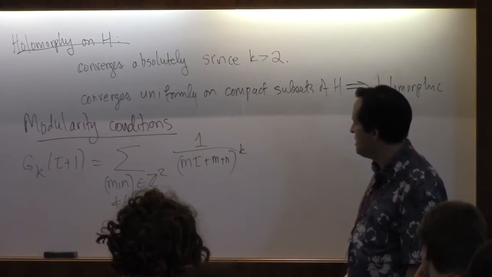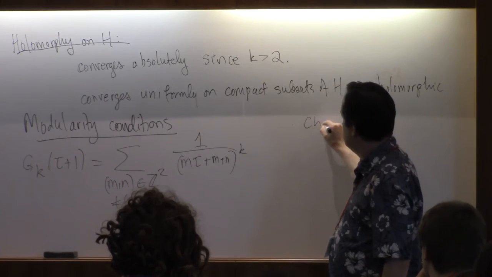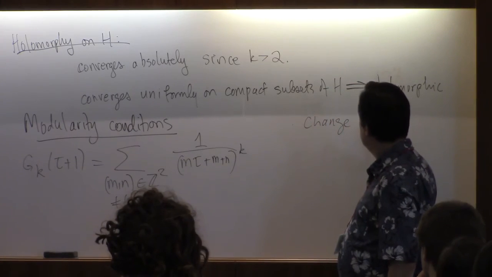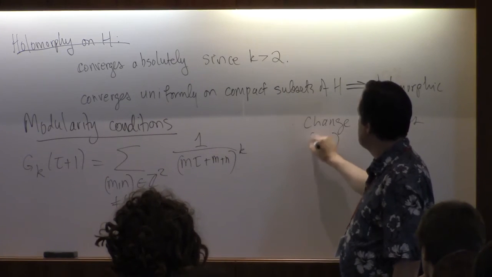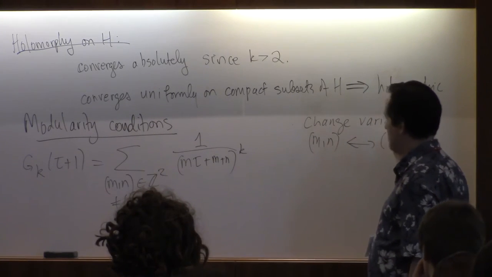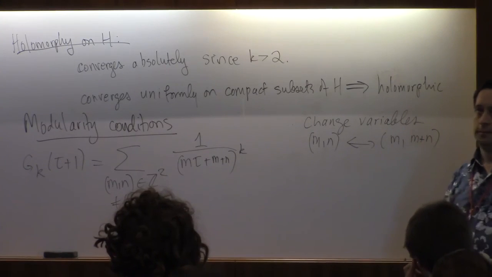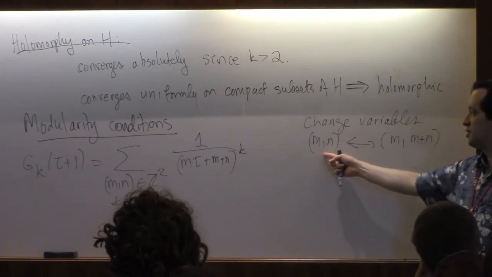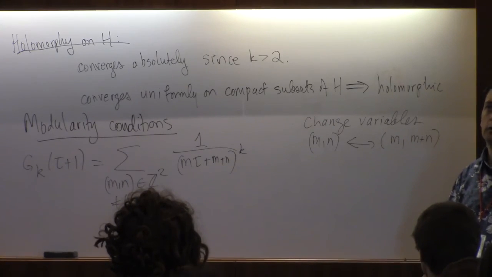And so what we see here is that instead of summing over m's and n's, if we sum over m and m plus n, this is a pair of integers that's not 0, 0. Exactly, this is a pair of integers that's not 0, 0.